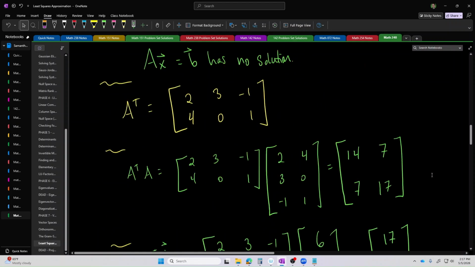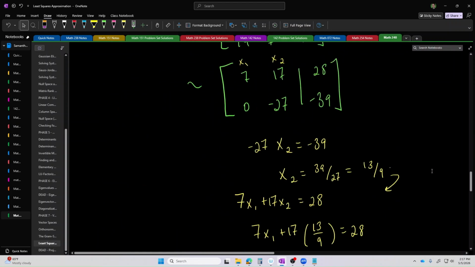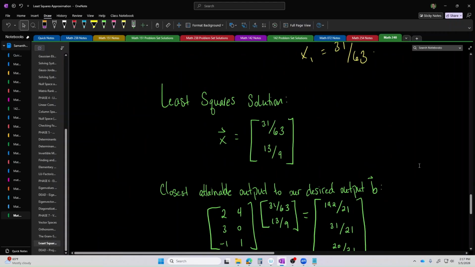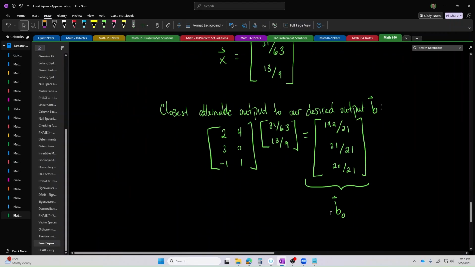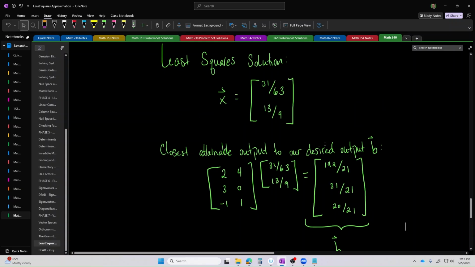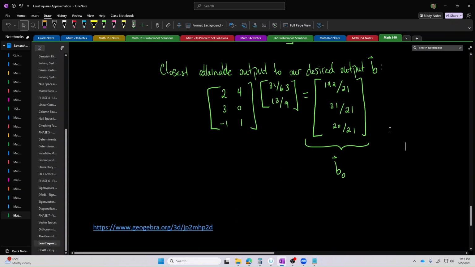This equation will give you an actual vector x, and that vector x tells you how to generate the closest possible output to the desired original output b. If you multiply the matrix A by your least squares solution, you will get as close to b as you possibly can.